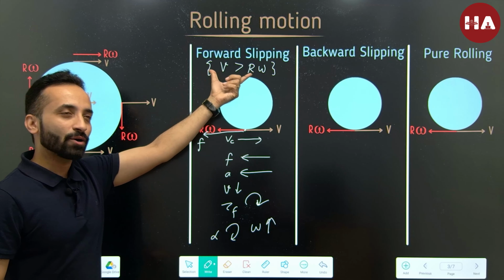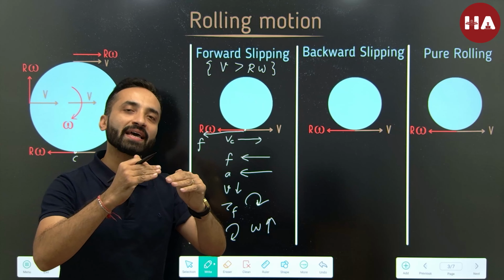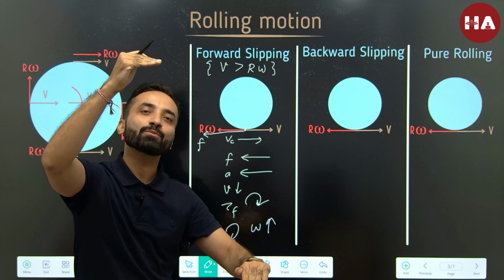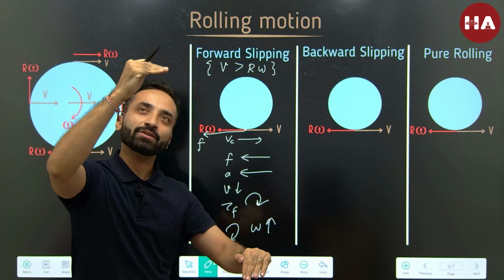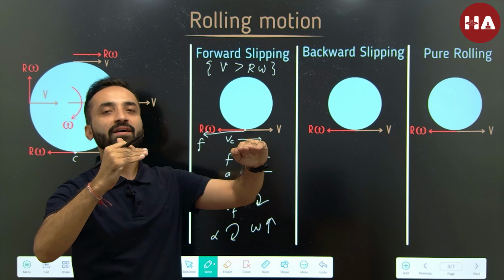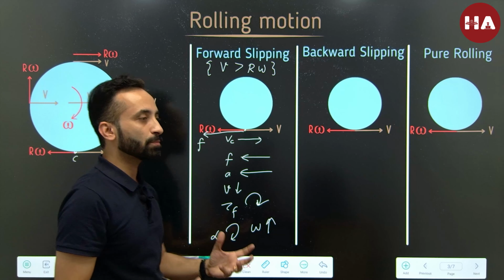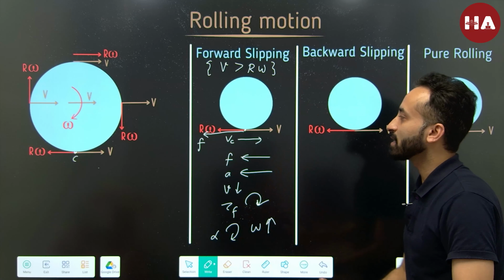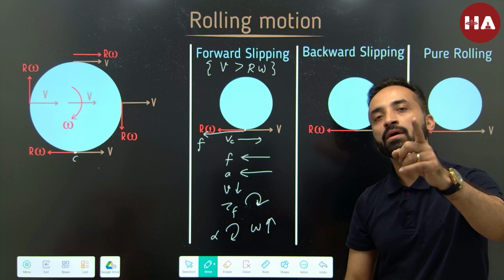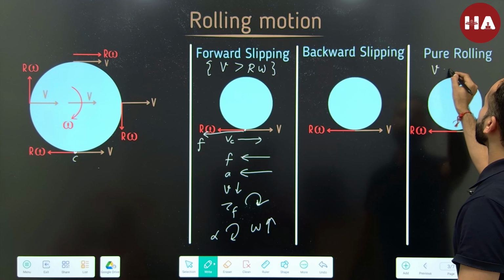Think about this now. Friction is trying to maintain the balance. If V is more and R omega is less, friction is trying to decrease V, but at the same time increase R omega, so that at one point both match. After a point, V will become equal to R omega. That is the case of pure rolling.